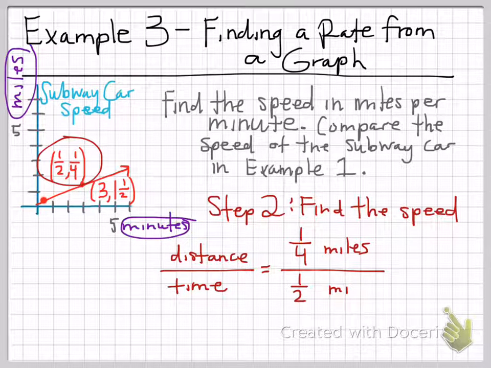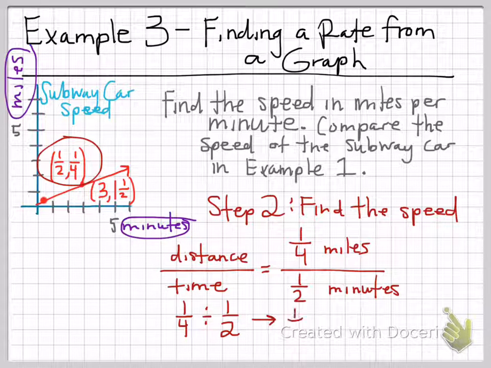It looks like a super crazy fraction on fraction. Well, we know that division is easy. 1/4 divided by 1/2. We know how to divide fractions, right? Fractions are division, remember? 1/4 divided by 1/2 is the same as 1/4.